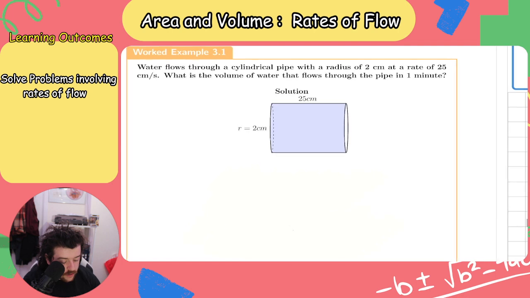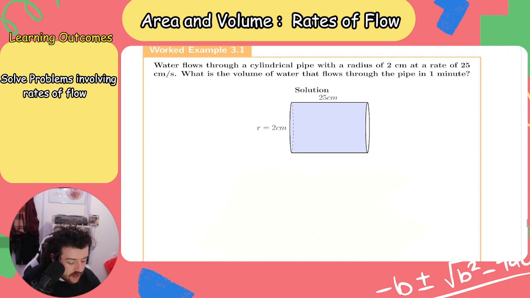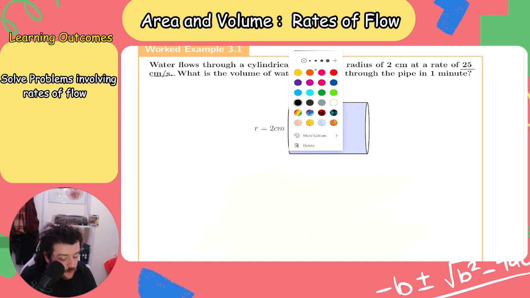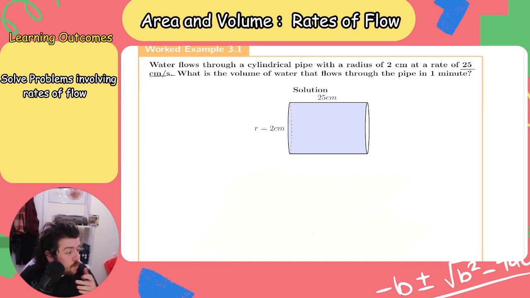Water flows through a cylindrical pipe with a radius of 2 centimeters at a rate of 25 centimeters per second. What is the volume of water that flows through the pipe in 1 minute? I drew out a little diagram here. This is a pipe. Water flows at a rate of 25 centimeters per second, so every second it moves 25 centimeters through my pipe.